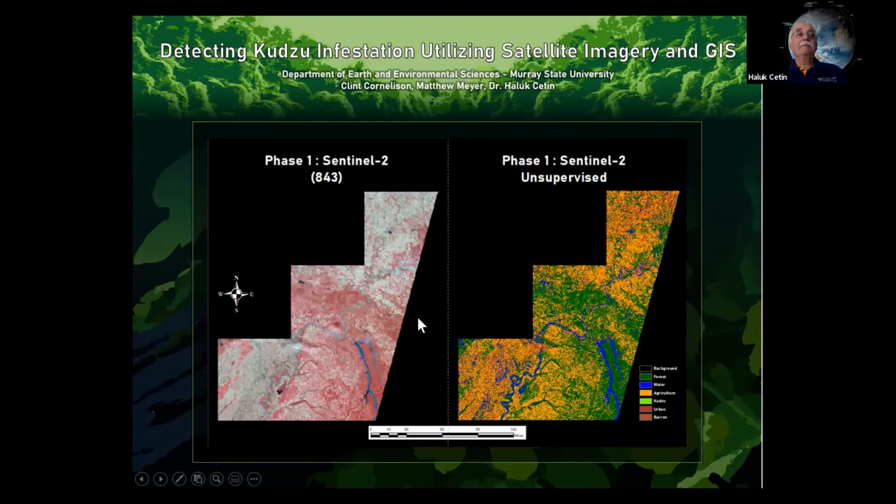Similar to what we did using Landsat 8 data, we used Sentinel-2, and on the left you are looking at a regular false color composite of a Sentinel-2 image of our western study area.